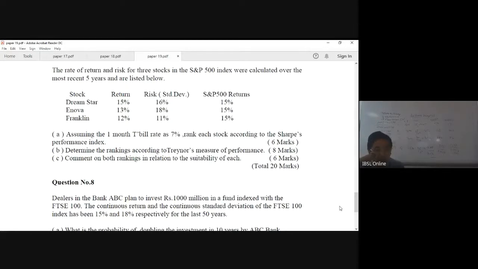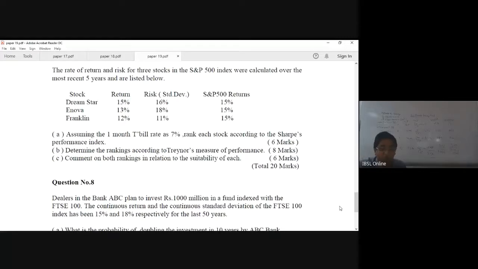And when you go to Franklin, there you get 12 minus 7, that is 5 divided by 11. 5 divided by 11 comes to 0.45. So there you get Dreamstar Sharpe index as 0.5, Innova Sharpe index as 0.33, Franklin Sharpe index as 0.45.